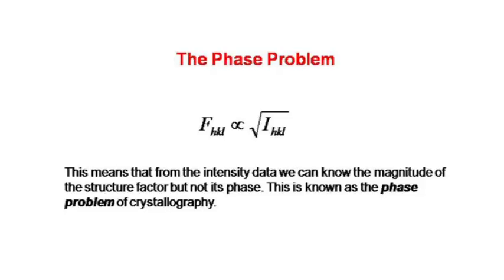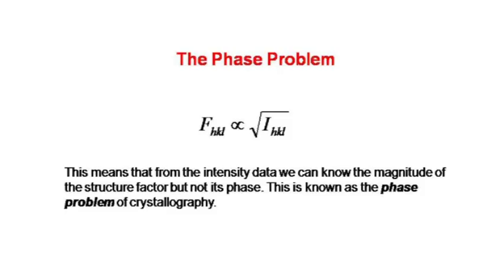No, I can't get the structure directly because I don't know the sign. And because I don't know the sign, I have to model the structure. And that's what we do in crystal structure analysis. We spend most of our time working out the phases of these structure factors.